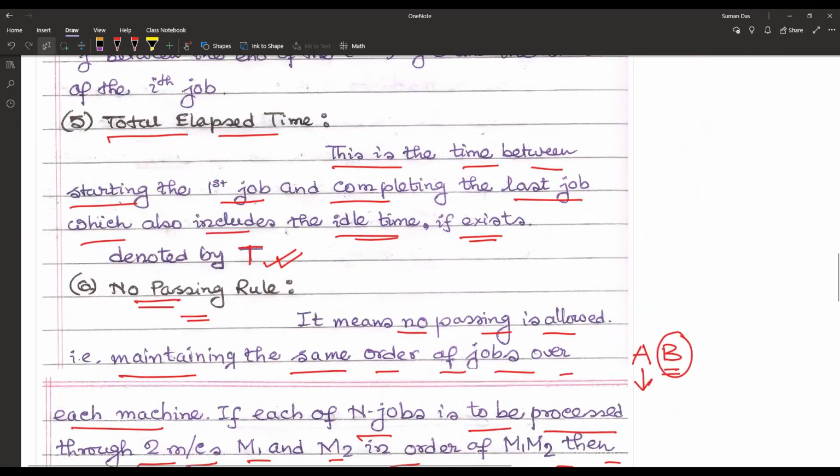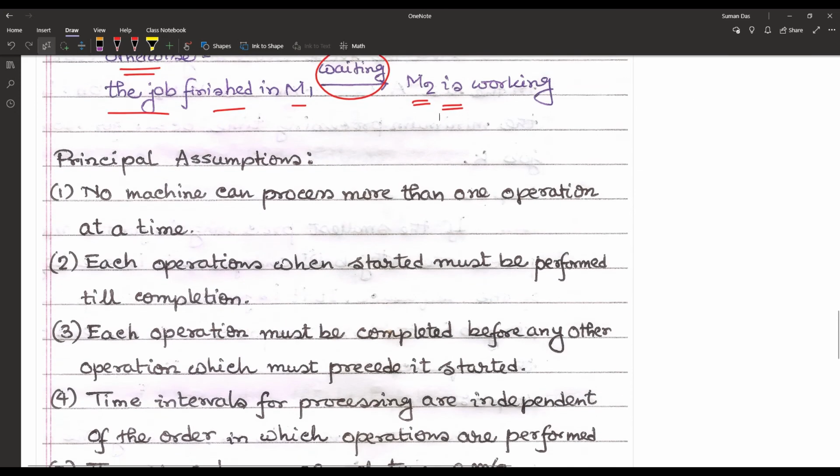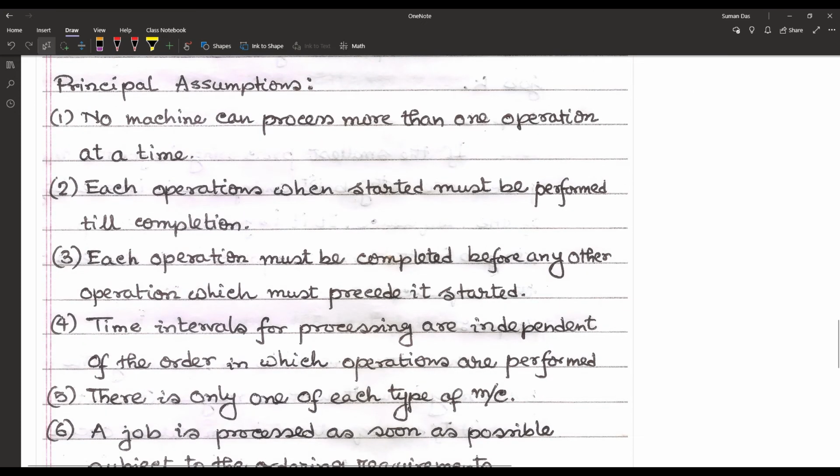Now there are some principal assumptions. First, no machine can process more than one operation at a time. Second, each operation, when started, must be performed until completion. That means when one machine is processing, no other operation can be done at that time.